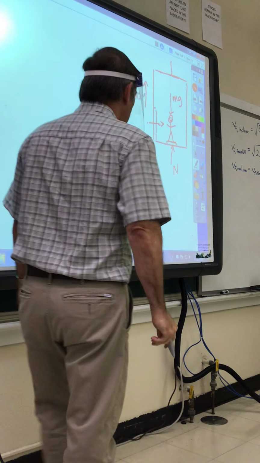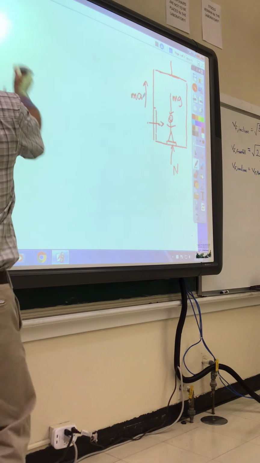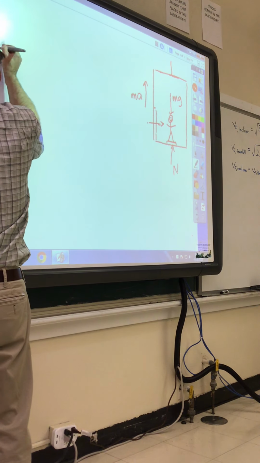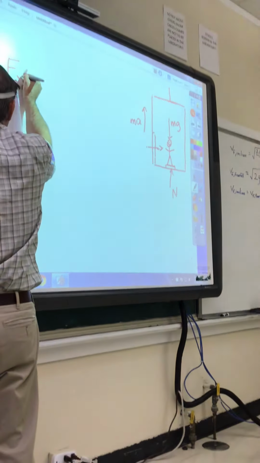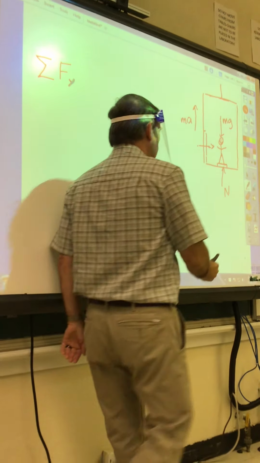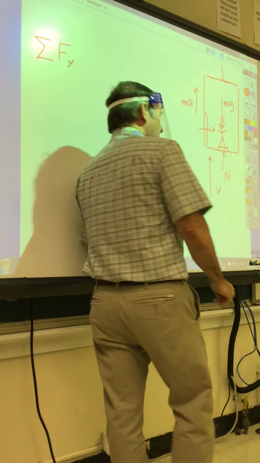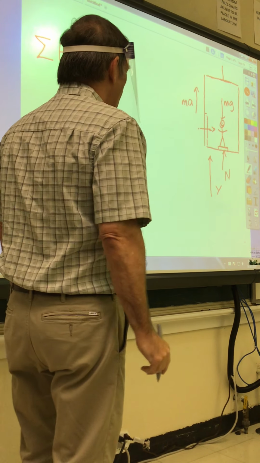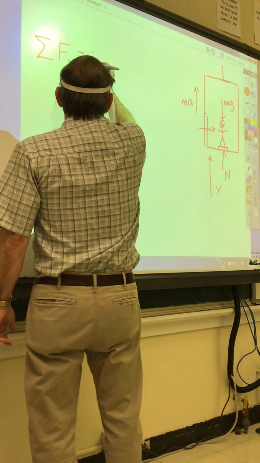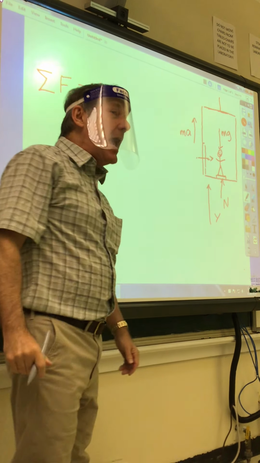So we're going to say that we're going up. You push the up button, you go to the next floor. We're looking at the Y direction, and up is positive. So the sum of forces is equal to the normal force that the scale feels.